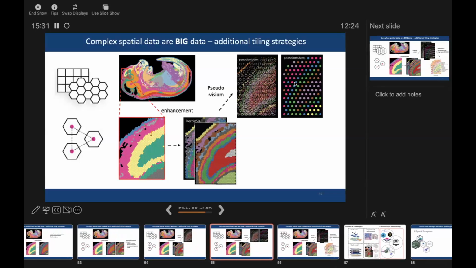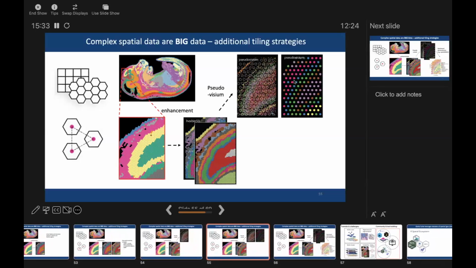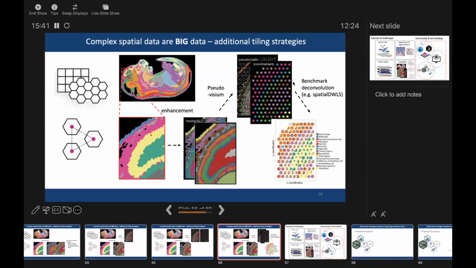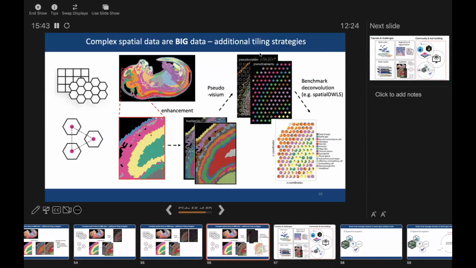And now you created your own pseudo Visium data set. You might ask, why do you want to do that? But maybe you have an additional Visium data set, and you would like to see, with my specific tissue, which deconvolution approach works the best. So now you can use this to test your specific deconvolution approach that you would like to do using your single cell data or non-single cell data.